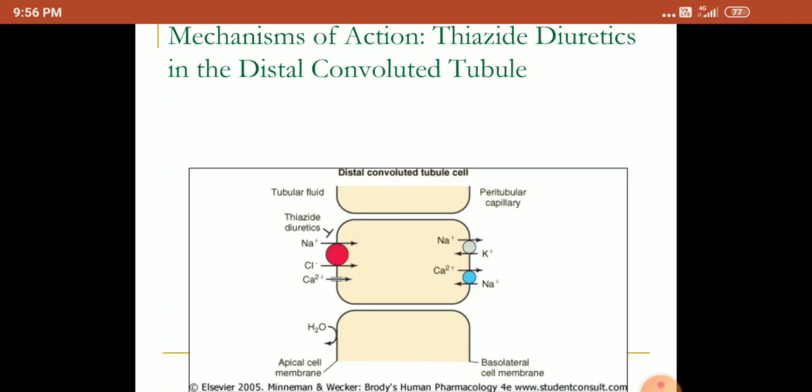But the antihypertensive action of thiazide is dependent on the primary saluretic action of thiazide, because in anephric patients and in compromised renal function where GFR is less than 30 ml per minute, thiazide does not cause an antihypertensive effect. So, it requires both actions: the initial primary saluretic action, followed by the action which is basically the decrease in peripheral resistance.